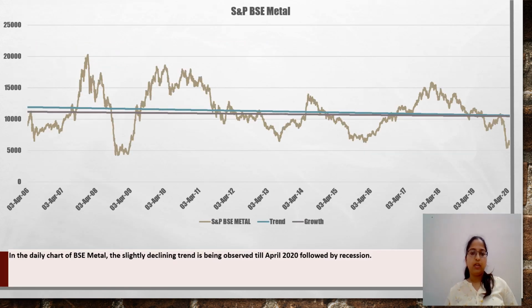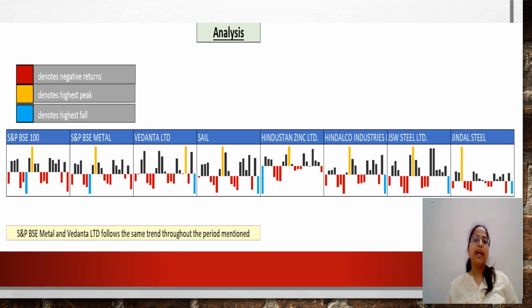We see a trend which is slightly declining till April 2020, followed by a recession. In the analysis of this, we see that the BSE Metal and Vedanta Limited follow the same trend throughout the period mentioned.